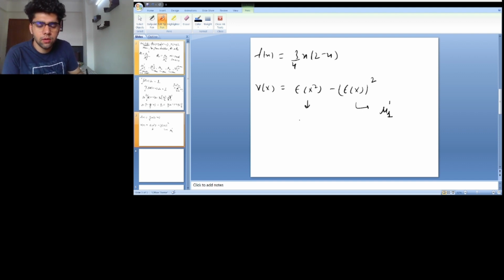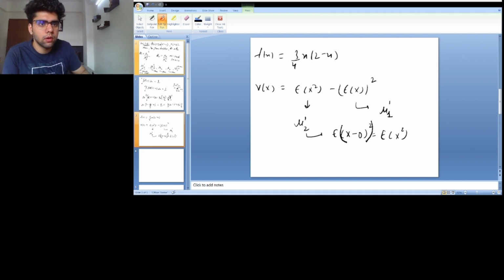E(x square) is the second moment with respect to the origin, because what we are finding here is E of (x minus 0) whole square. This is E(x square), right? Wait, let me just put in another bracket.